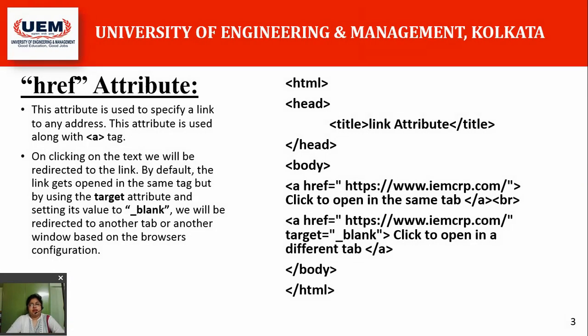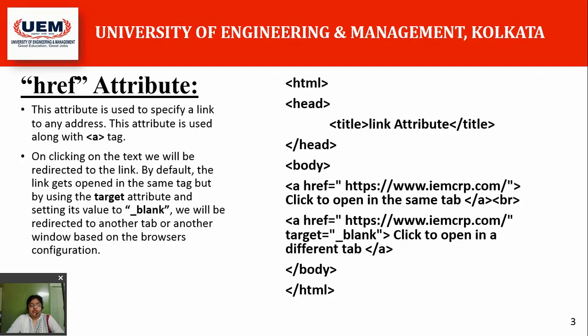The href attribute, the hypertext reference attribute, is used to specify a link to any address. This attribute is used along with the a tag, the anchor tag. On clicking the text, we will be redirected to that particular link.